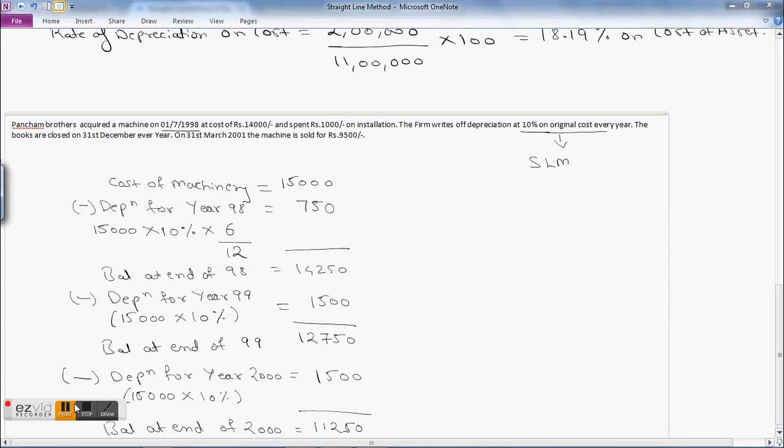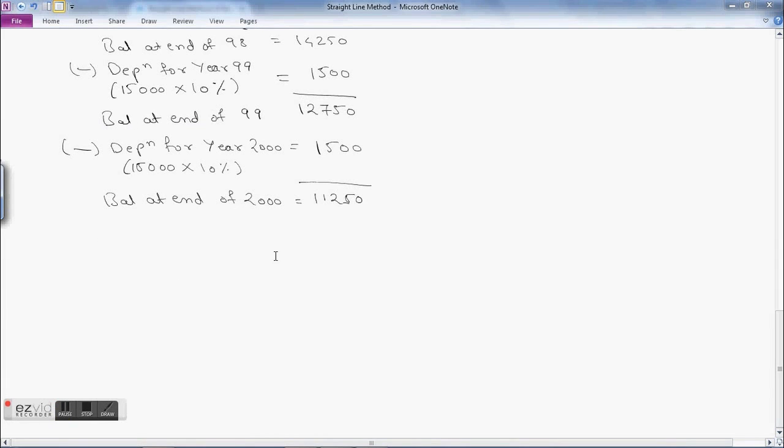Now see, the machinery has been sold on 31st March 2001. That is, in the year 2001, the machinery is sold for 9,500. So we need to charge the depreciation accordingly. The balance at the end of 2000 was 11,250. That is, as on 1/1/2001 the balance was 11,250.